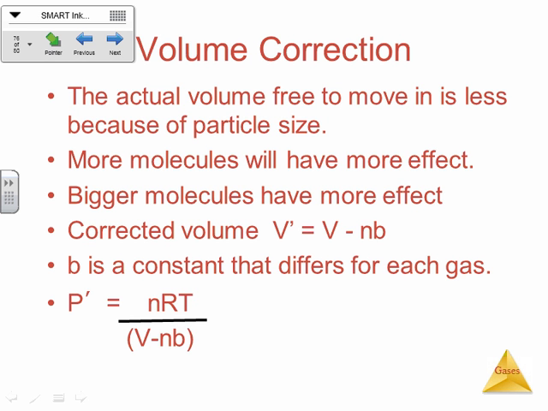So let's say we're trying to calculate the pressure of this gas, and we're taking this into account. Now instead of nRT over V, which is our normal ideal gas equation, this becomes nRT over V minus nb, and that gives us a more accurate volume when we do our calculation. Okay, so that's our volume correction.